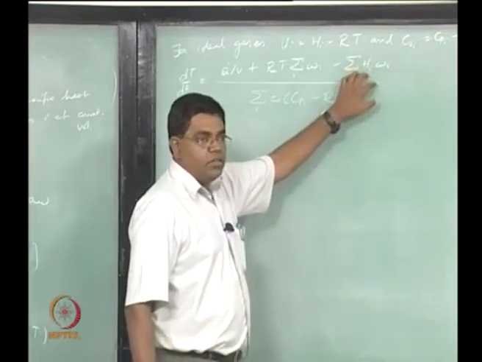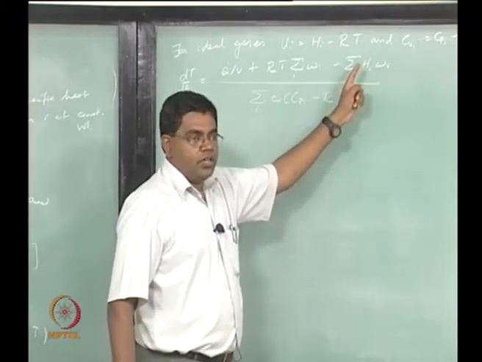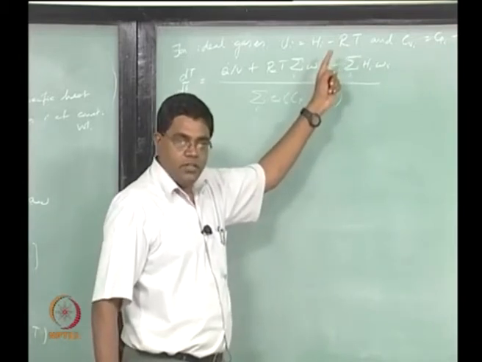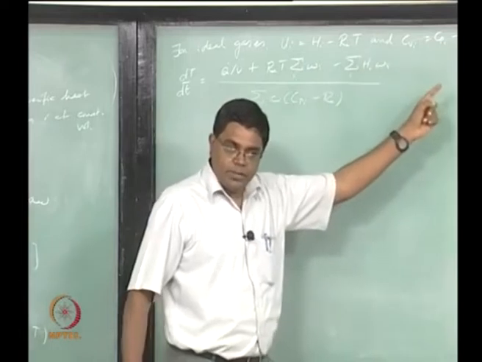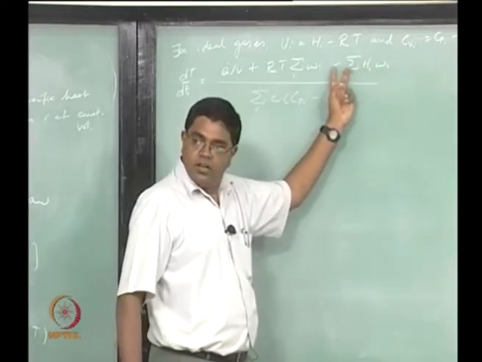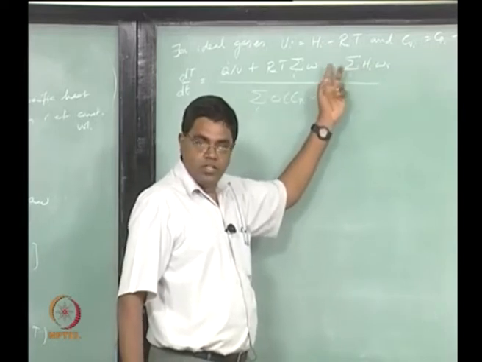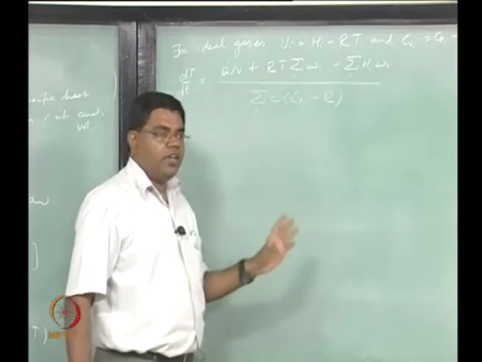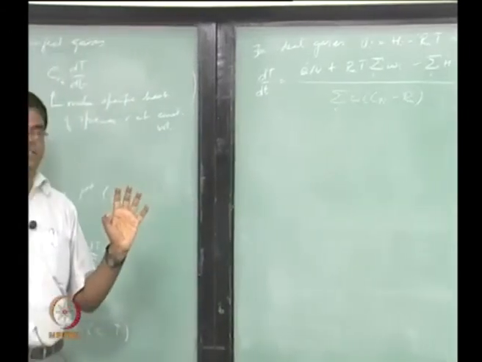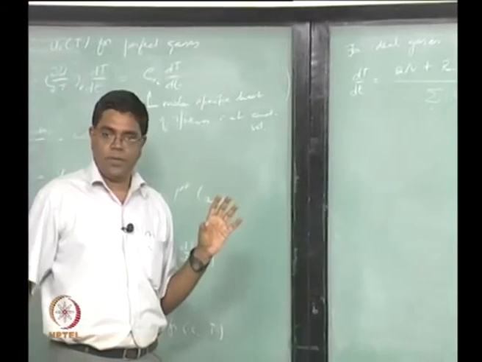This you can now write h_i as h_f naught i plus sensible enthalpy. The h_f naught i times omega_i, that combination sigma_i h_f naught i omega_i, will be the net heat release rate in the chemical reaction.